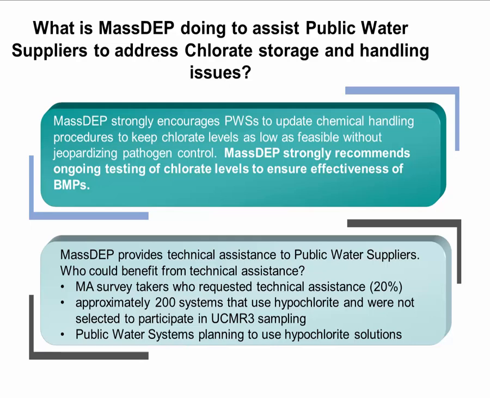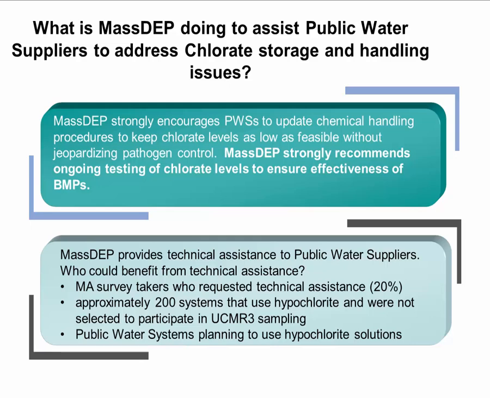For systems with chlorate levels above the health reference level, MassDEP strongly recommends the implementation of best management practices and ongoing testing of chlorate levels to ensure the effectiveness of these practices.